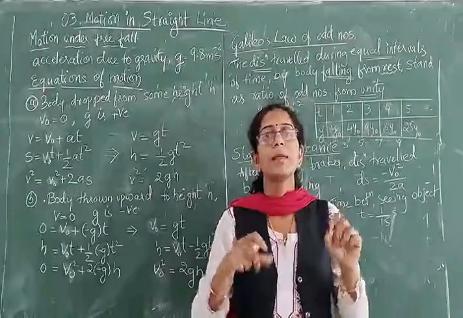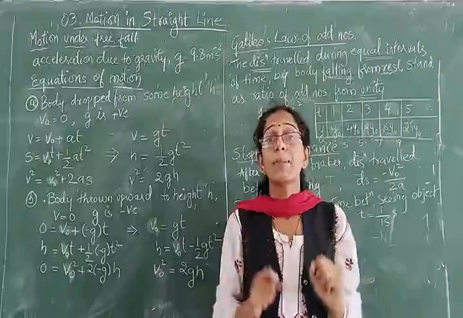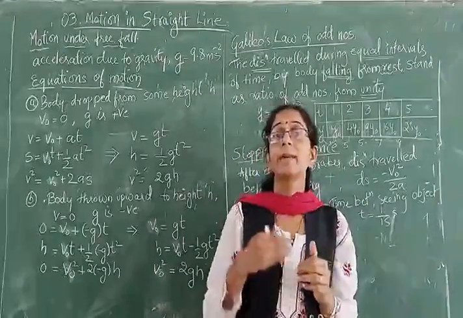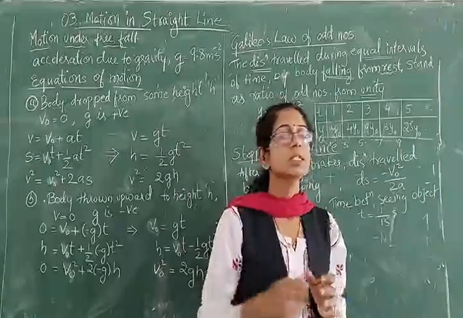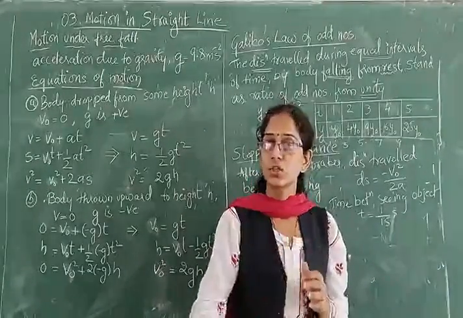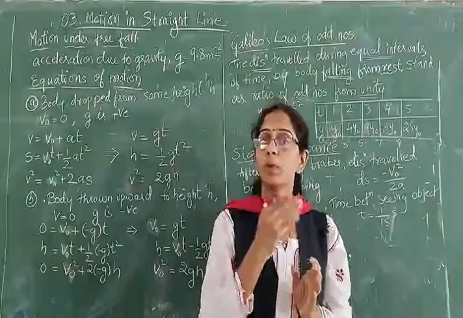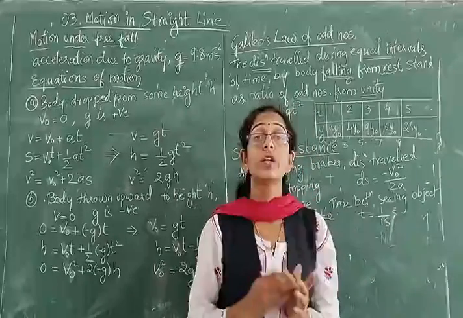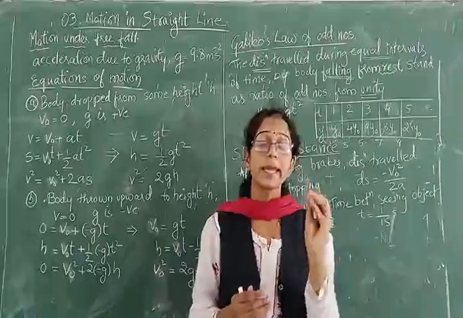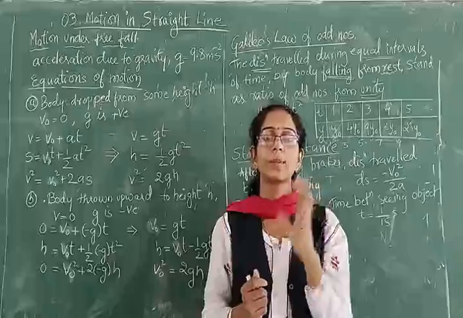So when you apply the brake, what will happen to the acceleration? At the beginning it is maximum. Slowly the velocity decreases, meaning the object's acceleration is decreasing. It will become negative, and that process is called retardation or deceleration, the negative acceleration attained by the object.